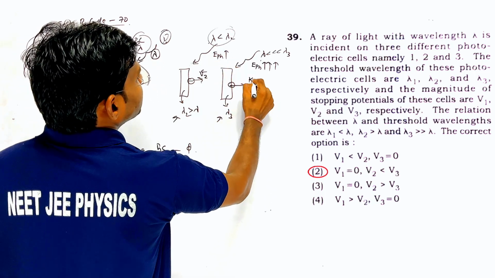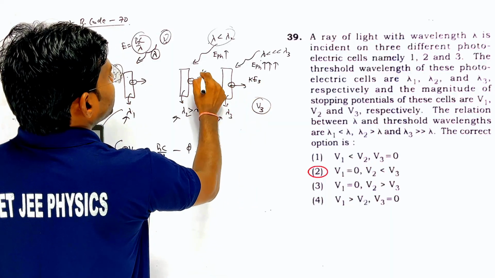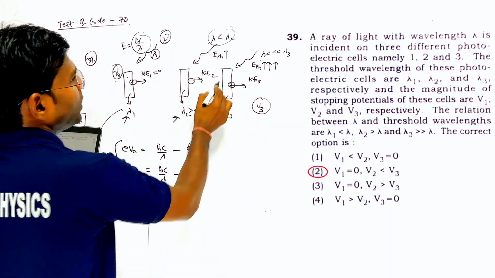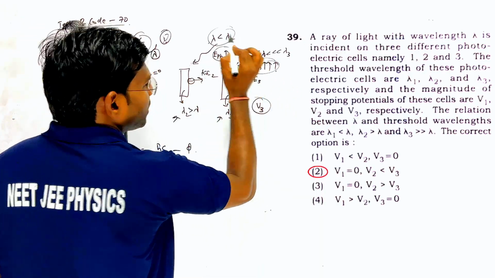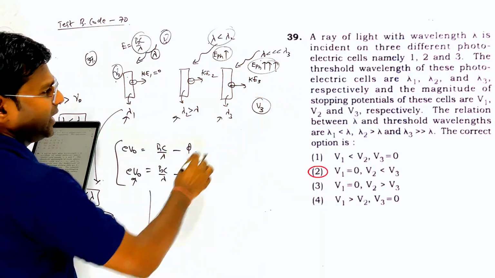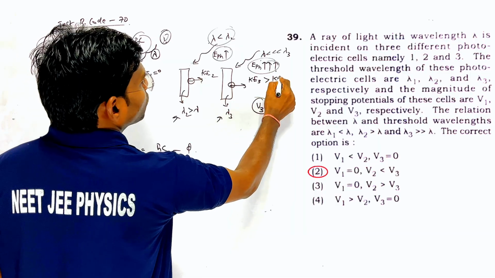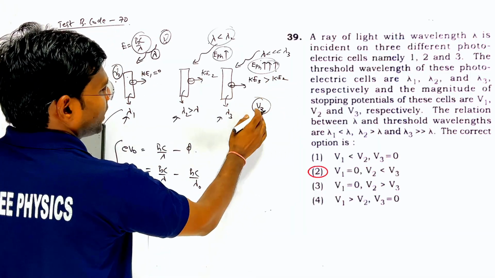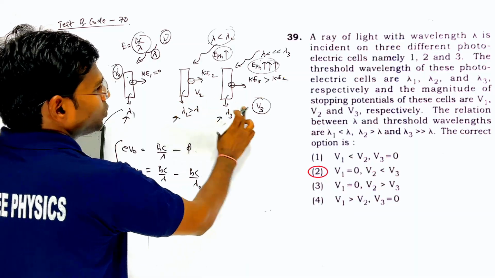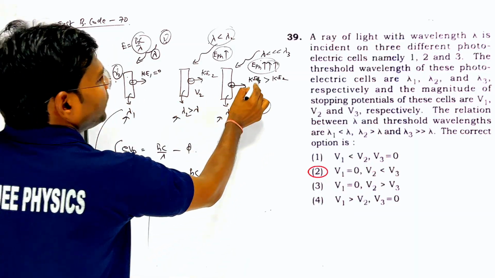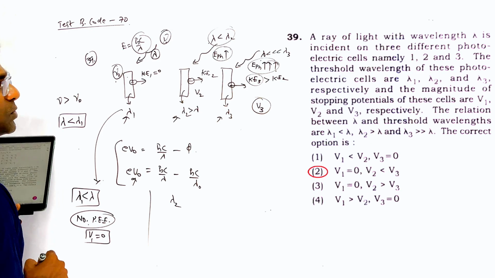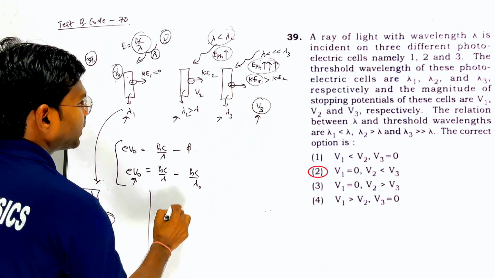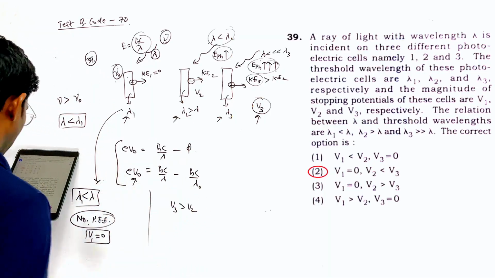You may write the kinetic energy as K3, K2, and the kinetic energy K1 is 0. So if the photon energy of this third plate is greater than KE2, then to stop the photoelectron, more potential is required. So if these are the stopping potentials V2 and V3, which will be greater? If the kinetic energy of this photoelectron is more, you need more potential to stop it. So therefore V3 is greater than V2, right?